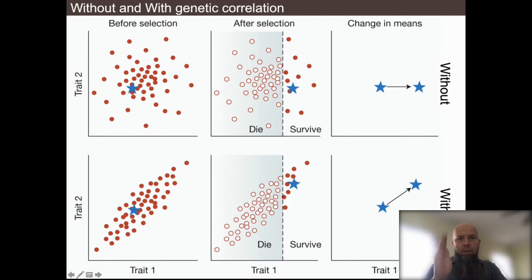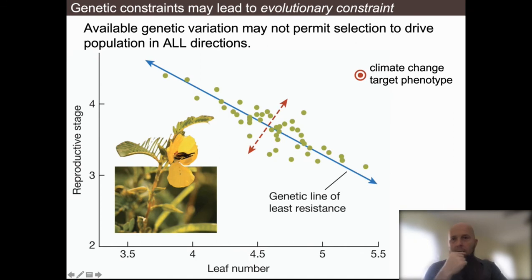Because there's a genetic correlation between trait 1 and trait 2, the population lives within this diagonal space of trait values, as does this plant, where you can see that the leaves on the x-axis and reproductive stage on the y-axis have a pretty significant correlation between those two traits. And so genetically, there's what they're calling a line of least resistance.